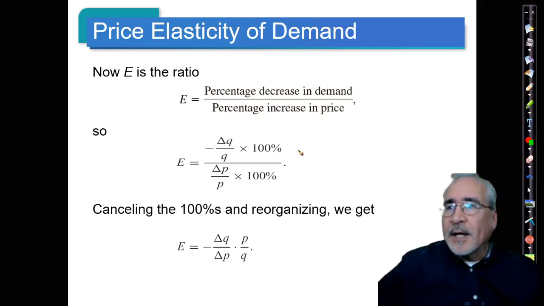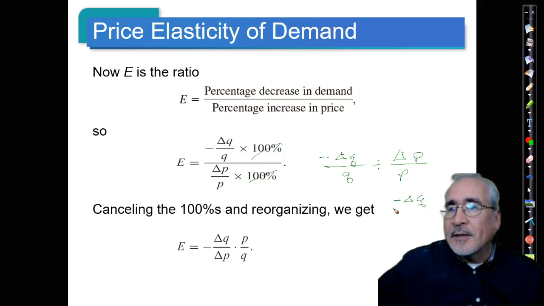So the way they went about this is you get minus delta Q over Q divided by delta P over P. The hundreds canceled out. You flip the second fraction and multiply, so you get minus delta Q over Q times P over delta P. And then what they did is they swapped places here.